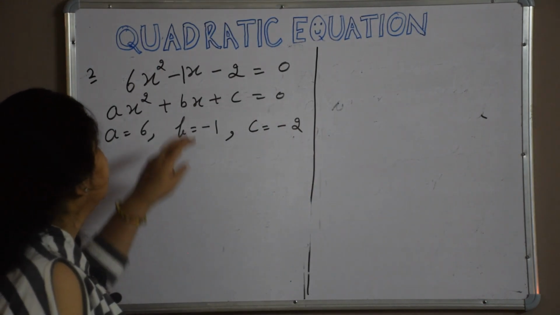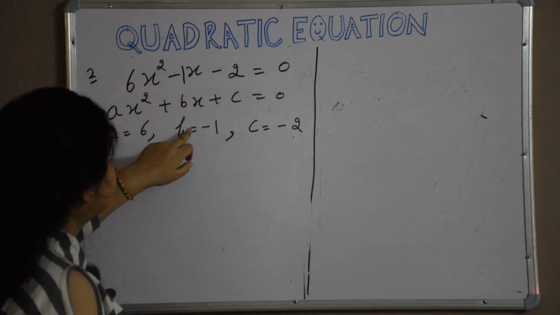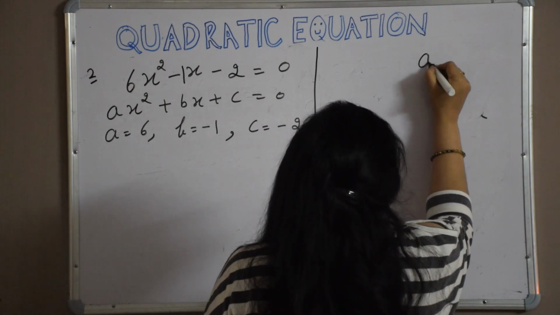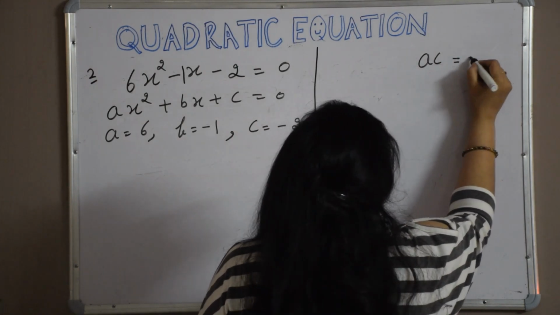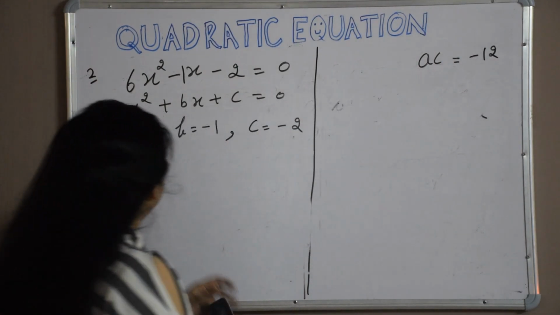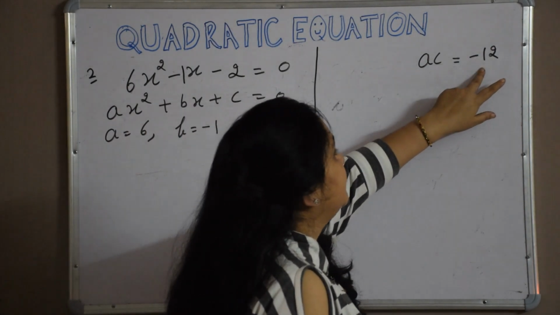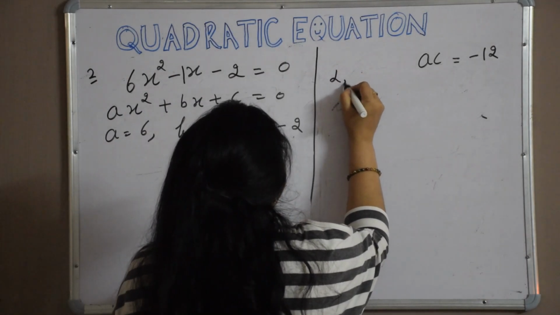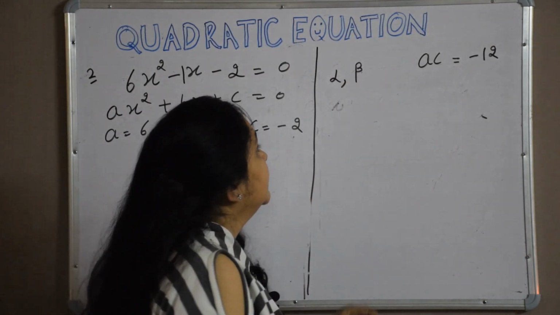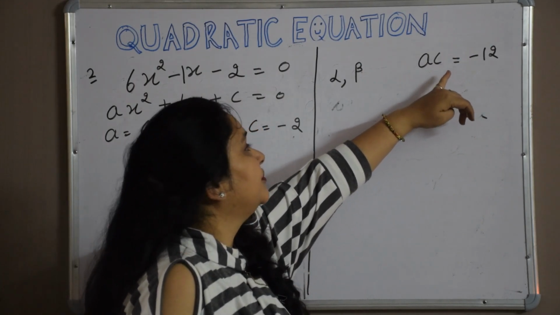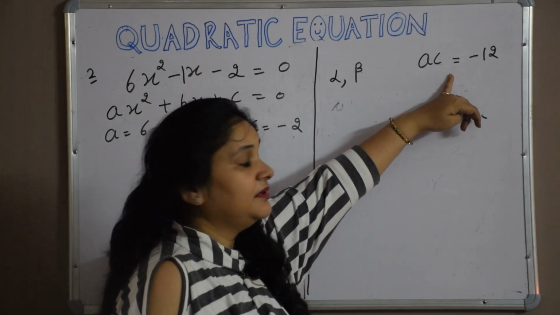Now see here b is also negative and c is also negative. First of all we will find ac. ac is minus 12, a into c. Now see, our ac is minus 12 and we suppose the two roots are alpha and beta. If both are positive, then the product can never be negative.